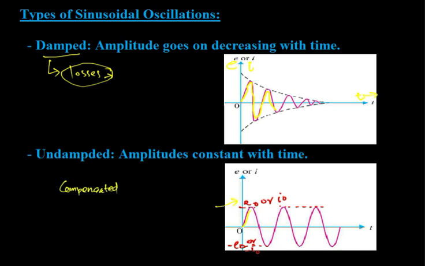So the losses in the circuit are compensated by providing the particular amount of energy to compensate the losses. In an undamped oscillator, the important thing is that in addition to the oscillatory circuit, there should be some compensating circuit to compensate the losses, so that once the losses have been compensated in each cycle, the output voltage or current remains constant with time. So these are undamped oscillators.